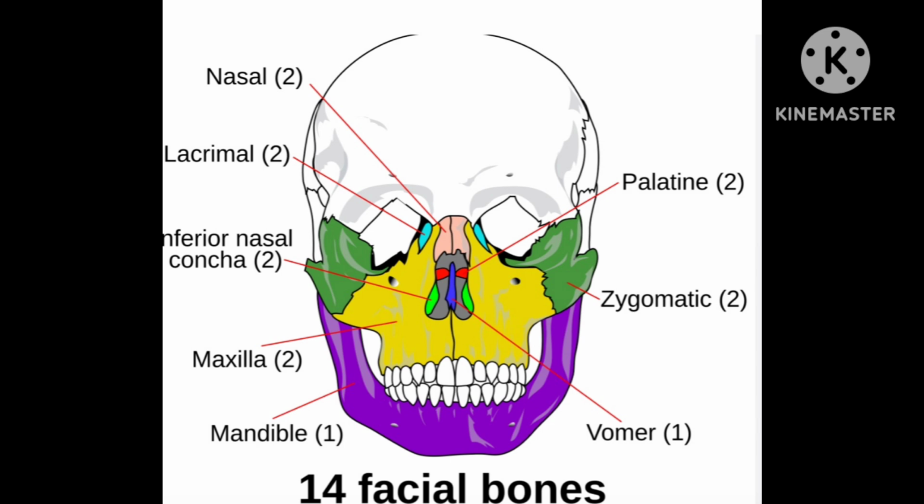Inside the mouth, on top of the mouth, we have the palate, and within the orbit, the empty area in the skull where the eyeballs are present, we have a bone called the lacrimal bone. So there are many bones in the face. Totally there are 14 facial bones.